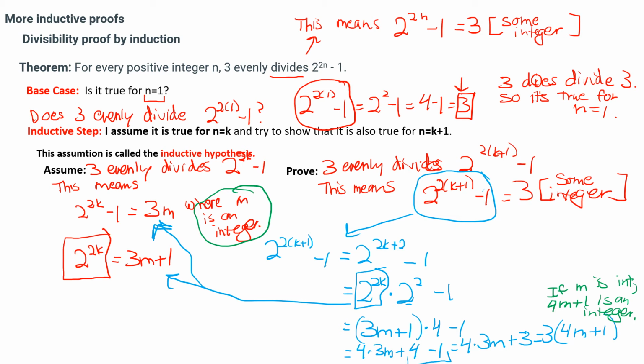So that is our proof. We've proven it for the base case, then we assumed it's true for n equals k, and then showed that if we're making that assumption, it's also true for n equals k plus 1. Sorry, I'm about ready to sneeze.